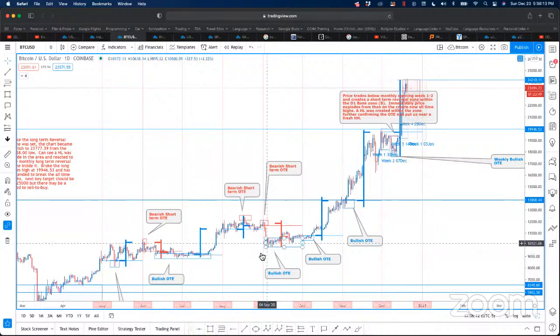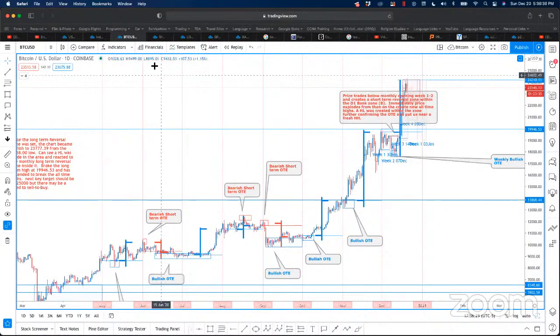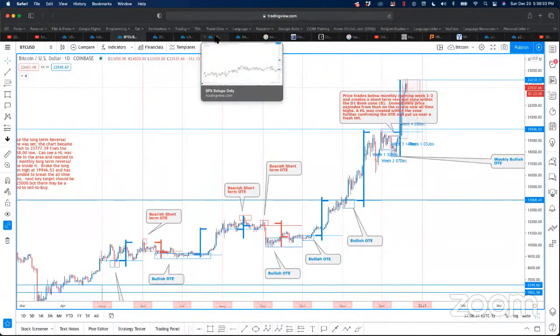Just go through and look at these little things. This is what this day looked like from a bar perspective. This is what that day looked like. This day, this day, this day, this day, and just kind of go through like we did before.